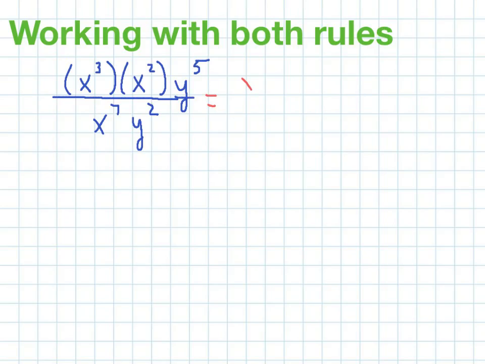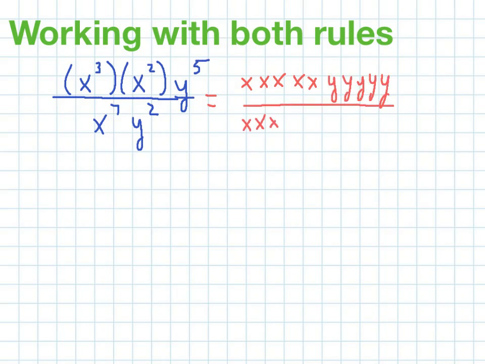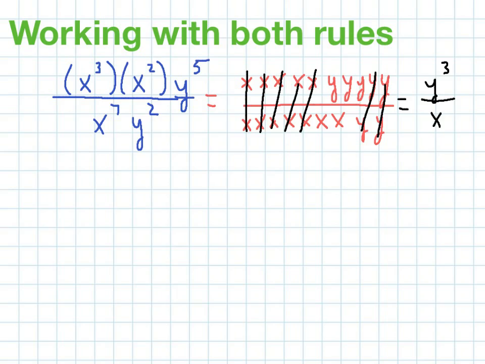I could take my 3 x's and my 2 x's and my 5 y's, and in the denominator I could take my 7 x's and I could take my 2 y's, and then I could use my idea of canceling. So that I could come up with y to the third power over x squared.